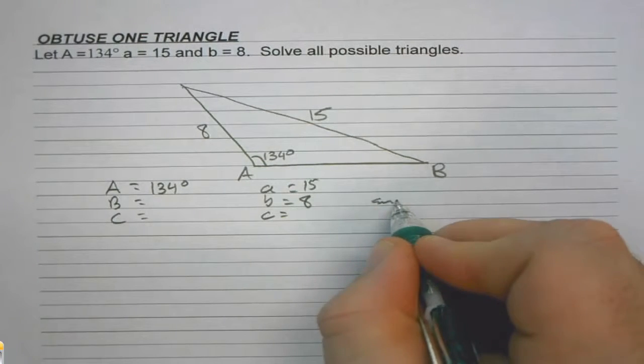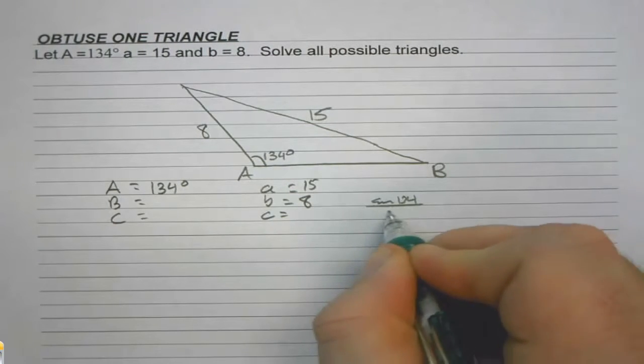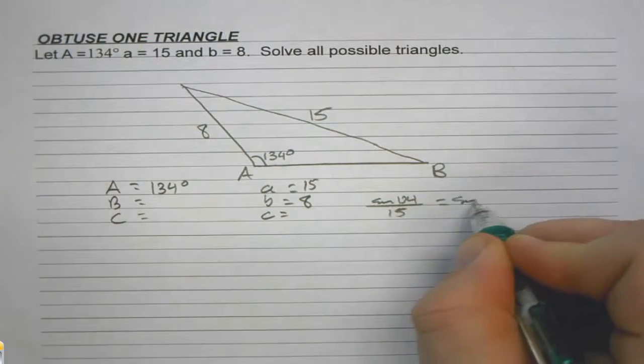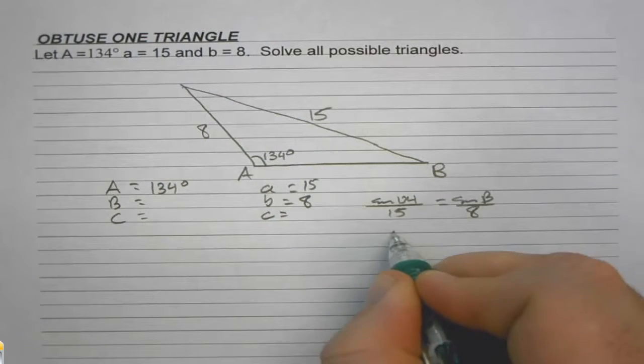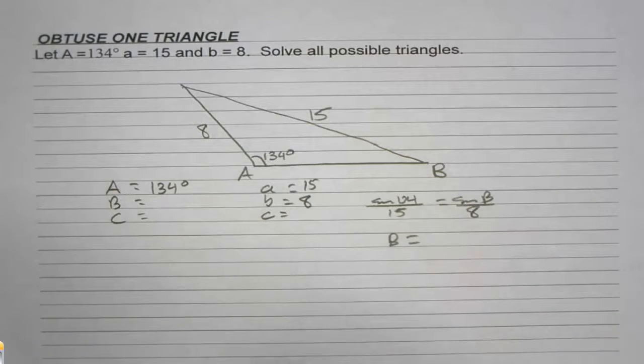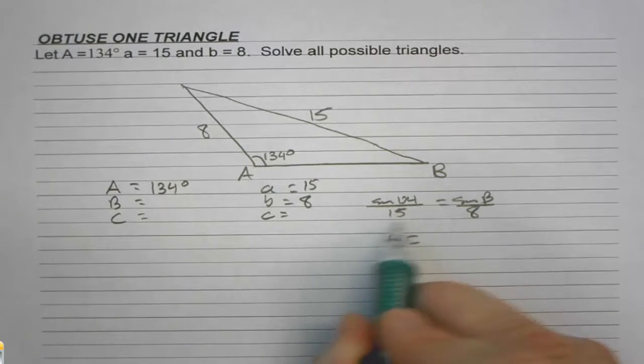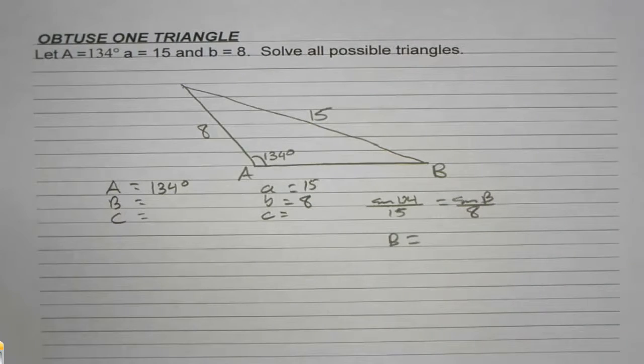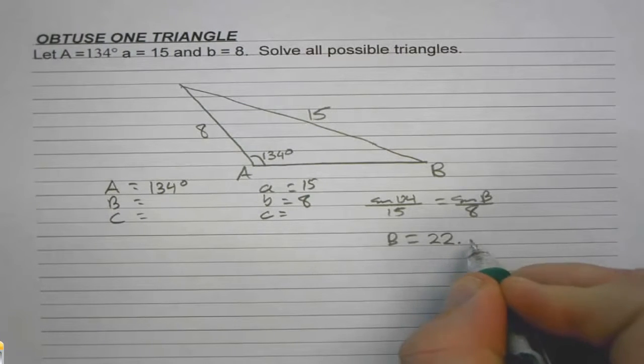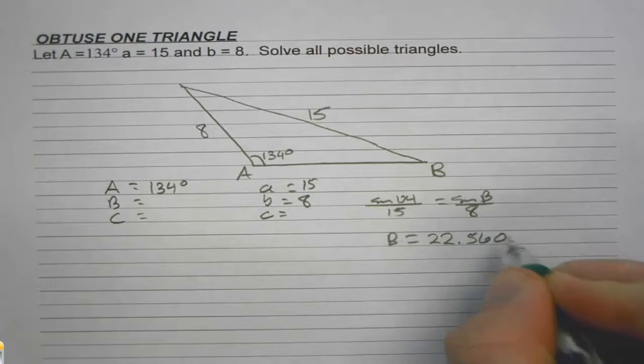We have the sine of 134 over 15 is equal to the sine of B over 8. So B is equal to, when we cross multiply, divide by 15, and take the inverse sine, we get a value of 22.560.